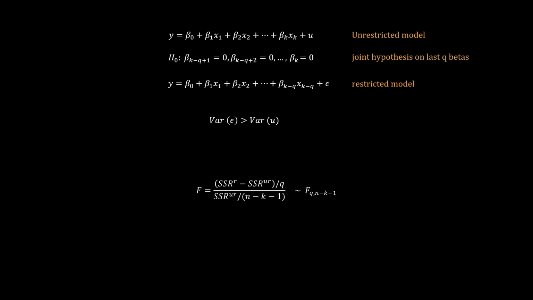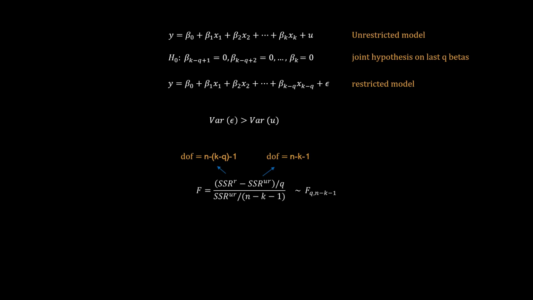Also notice that U has n-k-1 degrees of freedom, whereas epsilon has n-k-1-q degrees of freedom, and these degrees of freedom come directly from how many regressors are part of your model.